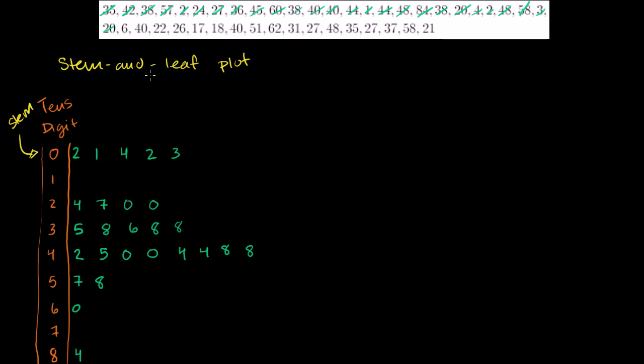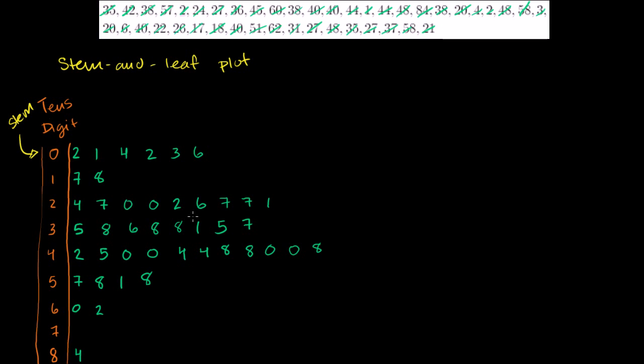Then we have a 20, a 6, a 40, 22, 26, 17, that's our first number in the teens bucket, and 18, a 40, a lot of things in the 40s, a 51, 62, 31, 27, 48, 35, almost done, 27, 37, 58, and 21.